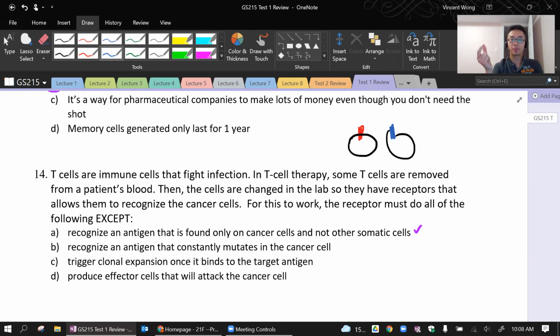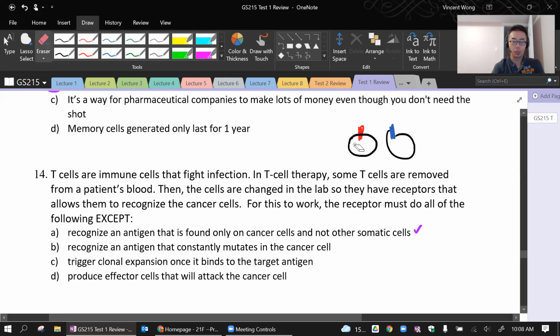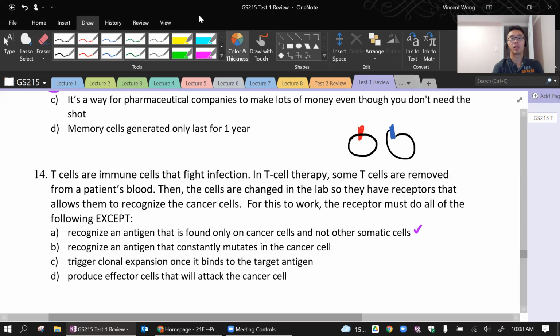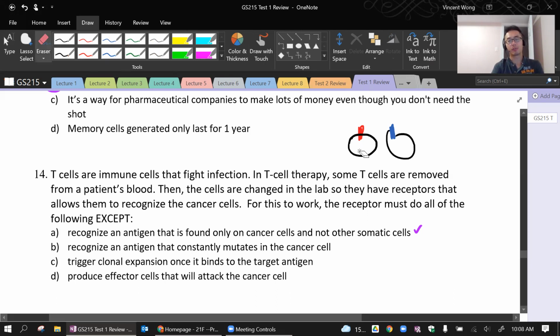That receptor is only good for recognizing a particular antigen. So if that antigen changes because of mutation, say on the cancer cells or on a pathogen, then that specific T cell that was chosen would not be able to recognize it anymore. You would need a different T cell. So this would not be possible.